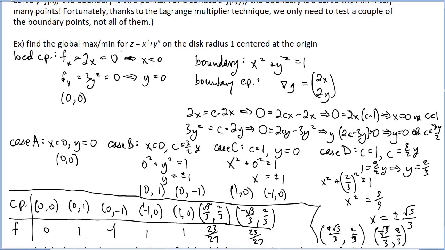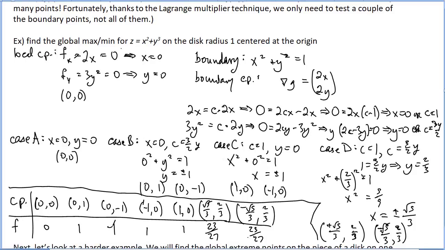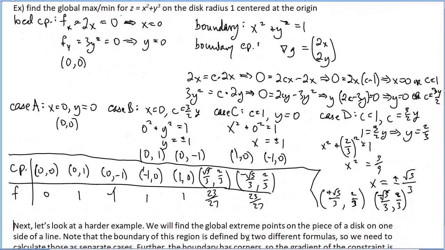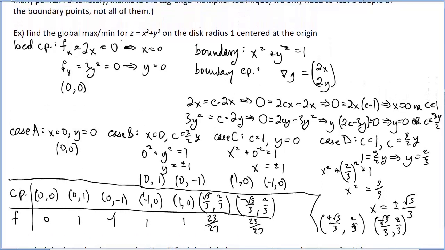And the global min value is negative 1, and that only occurs once. And that's the answer to this question.